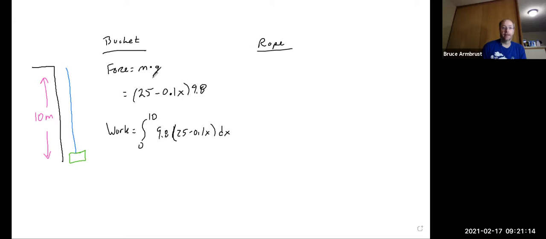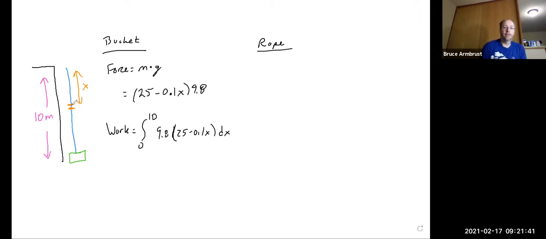So let's look at just a little slice of the rope. In terms of how far it's going to move, it has to move x, so the displacement is going to be x.